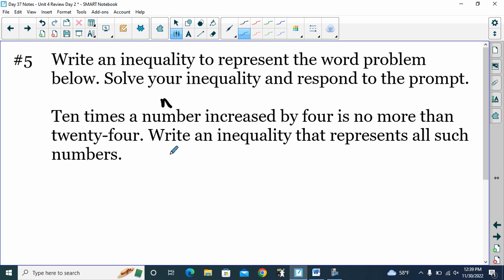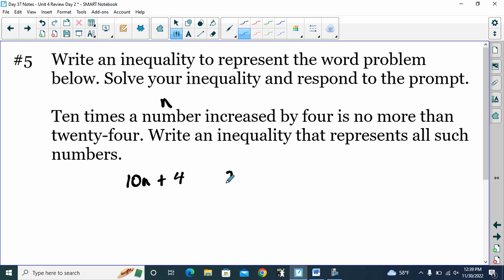I'm going to call it n. You could use x as well. 10 times a number, that's going to be 10 times n. Increased by 4. Increased by means I want to add 4 is no more than 24.